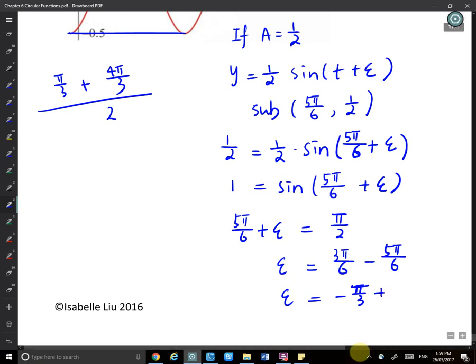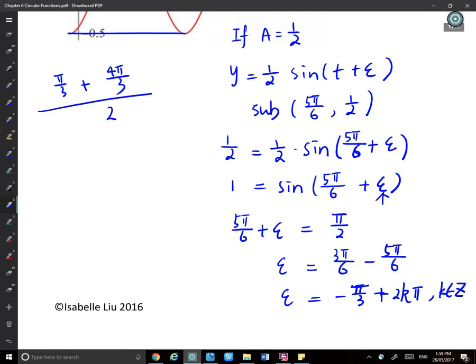But that also can plus 2k pi, where k belongs to Z, or 2 pi k, because it's not only one epsilon that satisfies. You can add another period on it. Like 5 pi over 6 minus pi over 3 is already pi over 2, but I plus another period on it.